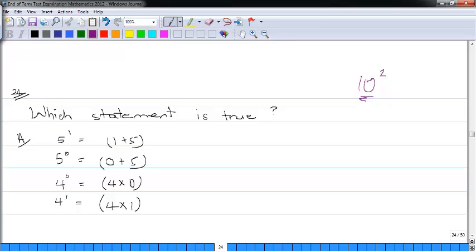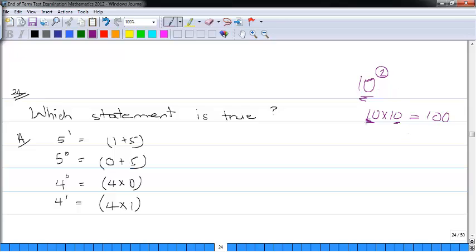The base, which is this number, is repeated in multiplication the number of times indicated by a smaller digit above it to the right. So 10 squared is 10 times 10. So the base appears 2 times in this multiplication to give us 100.